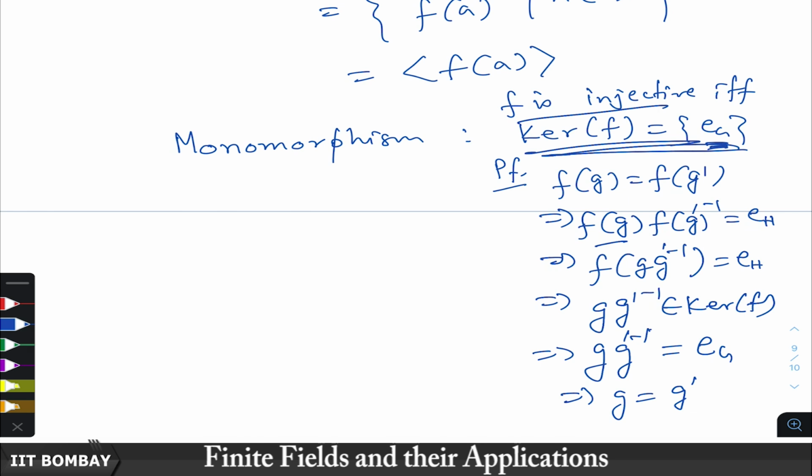So, for a group homomorphism it is easy to check if it is injective or not, just check the kernel. Now, epimorphism means it is a surjective homomorphism, that is, the image of f is the whole group H.